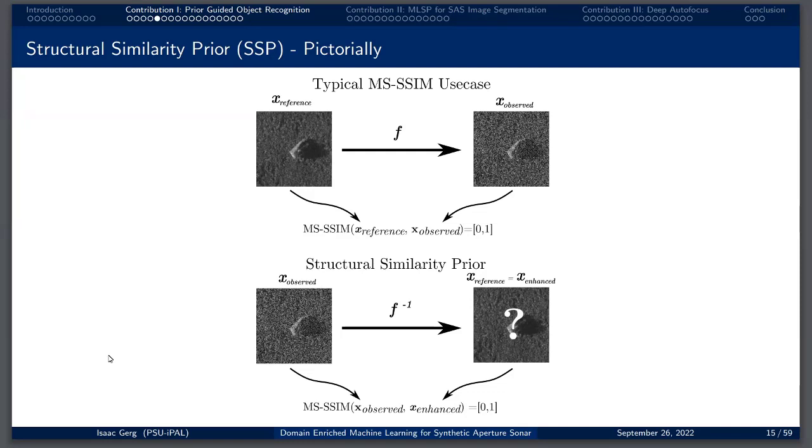So if I plug in my reference image and my observed image, I'm going to get some value between 0 and 1. What I'm doing with the structural similarity prior is I'm kind of turning this on its head. What I'm given is the observed image, and what I want to do is calculate what this reference or enhanced image is, given the constraint that these two images are related psychovisually because of the speckle.